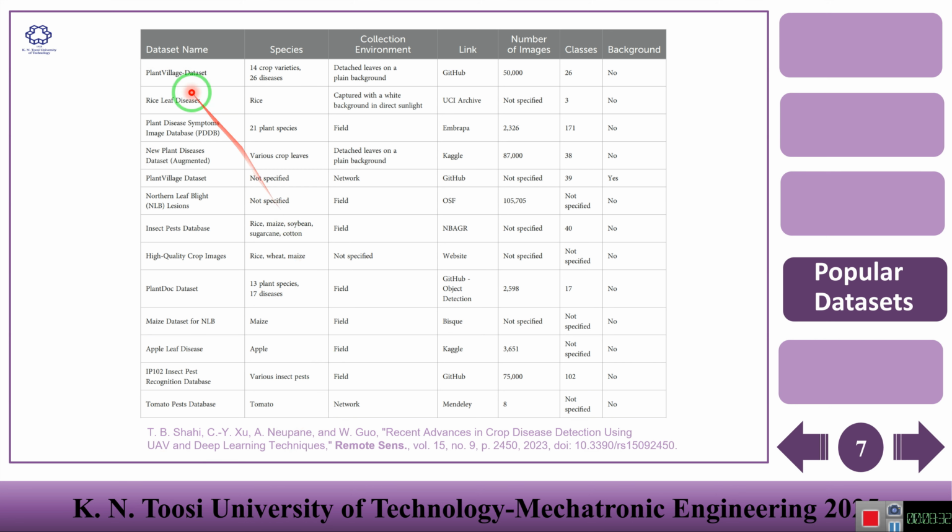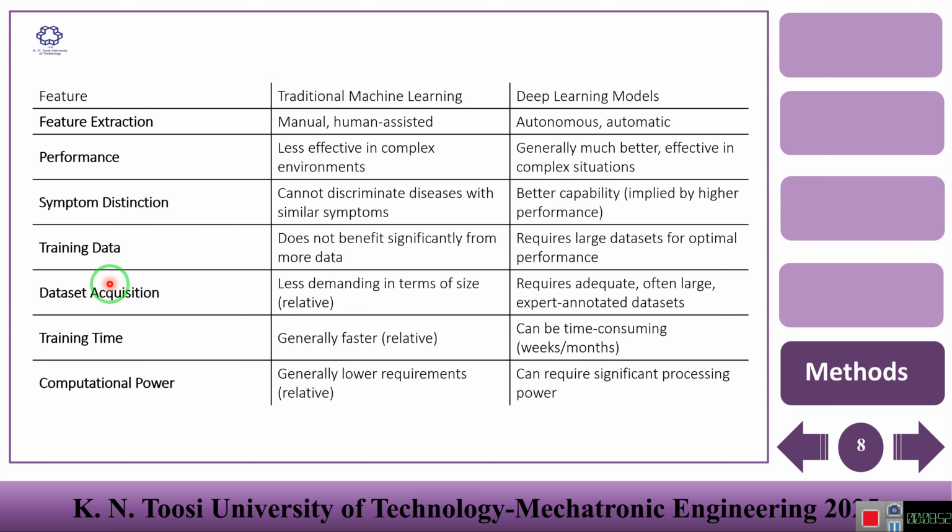Some of these datasets are available, and I've checked it out, but some are not available, or the site is out of reach. But you can check it out yourself and see if you can access these data or not. So, moving on to the methods part.